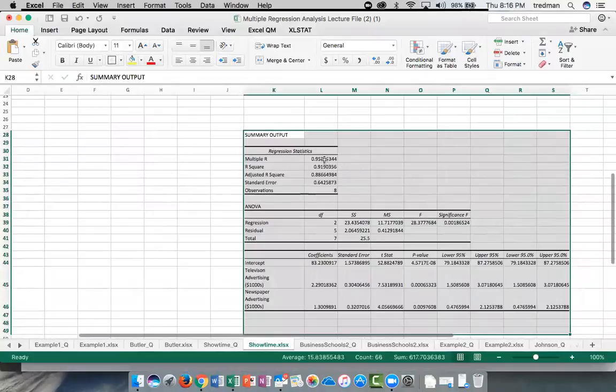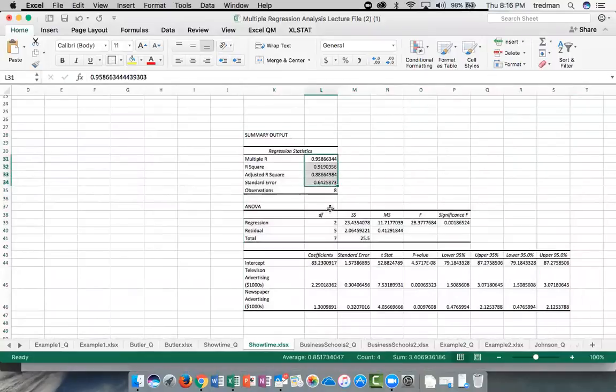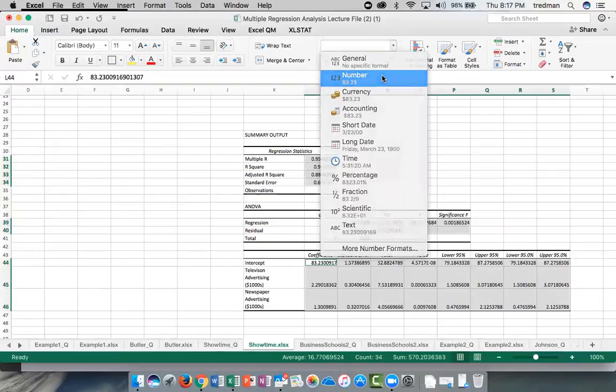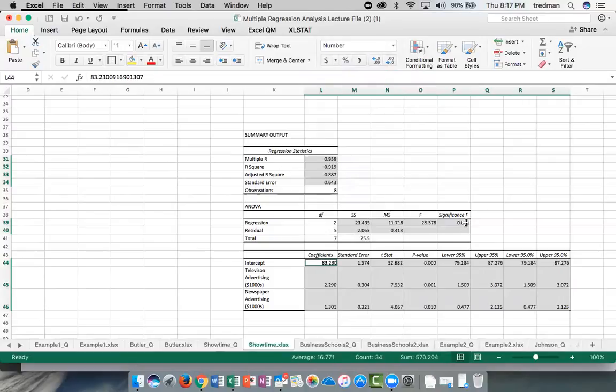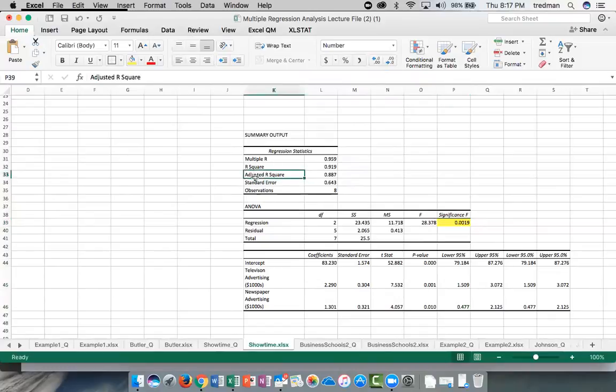Let me set my decimal places again. Now, when you're doing multiple regression, you want to use the adjusted R-square. And I see here that the adjusted R-square is 0.887.